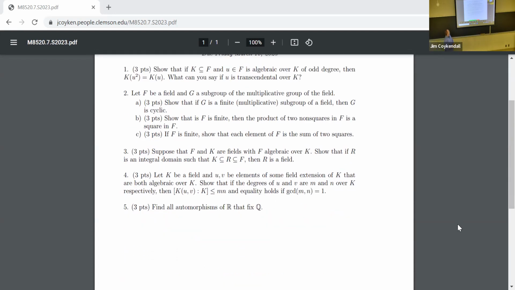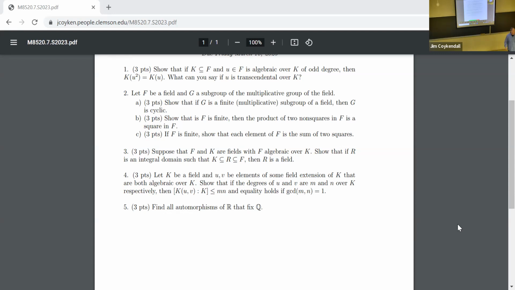Number two, let F be a field. This is kind of an interesting piece about fields and their multiplicative structure. In fact, it's one of the things that makes finite fields very important in coding. So if you have a field, let G be a finite subgroup of the multiplicative group of the field. You can have any field you want: the rationals, the reals, a finite field, whatever.